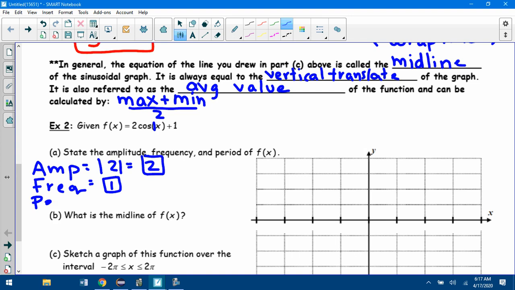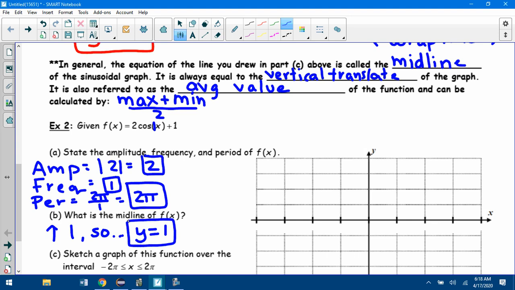And period, it's 2 pi over b, which is 1, so the period is 2 pi. New piece today, what's the midline? Well, this has a vertical translation up 1, so the midline is not 1, it's y equals 1. It needs to be the equation.